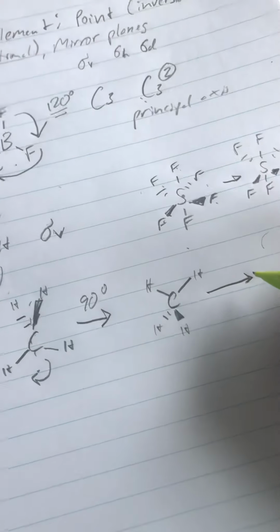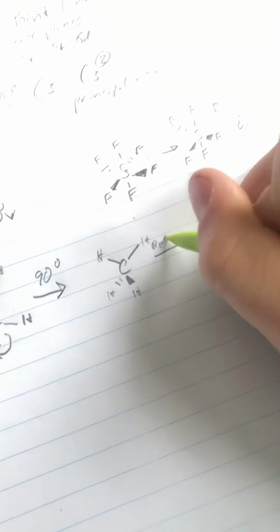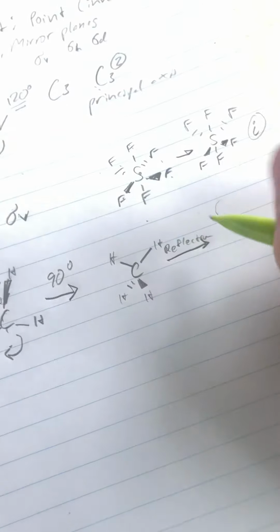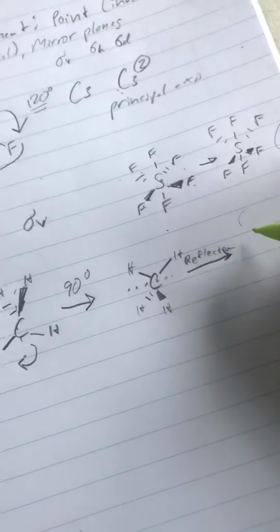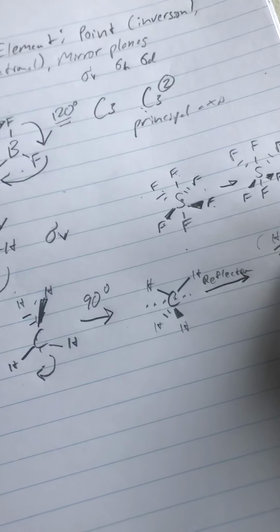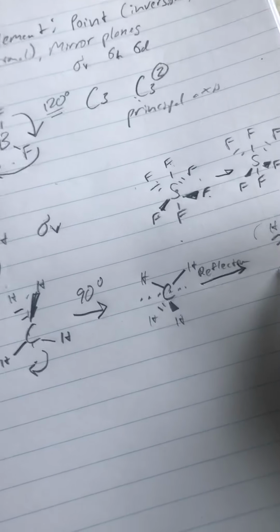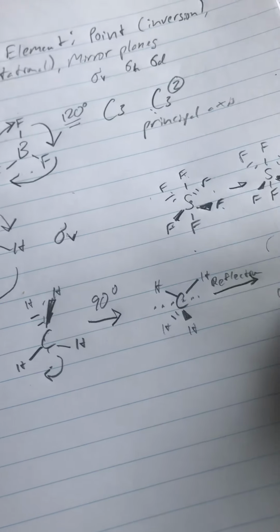And we do one more step where, in this case, we do a reflection. And this reflection, of course, exists here, horizontally. And this gives us, essentially, the same molecule as we had at the beginning.